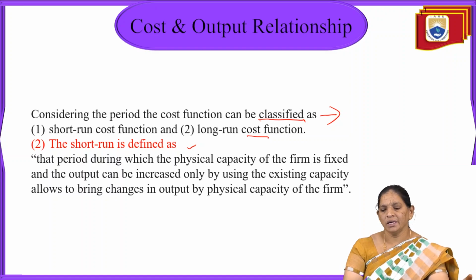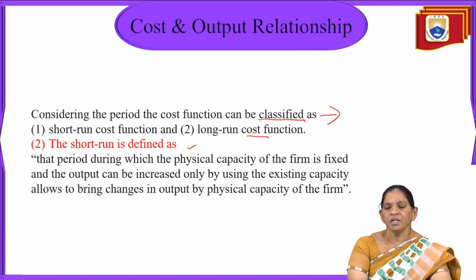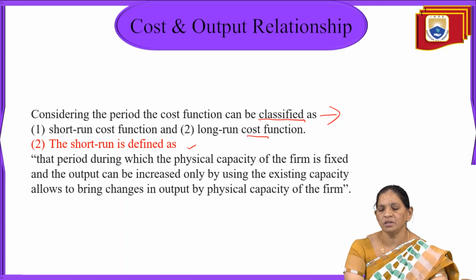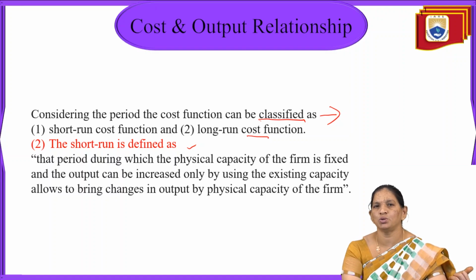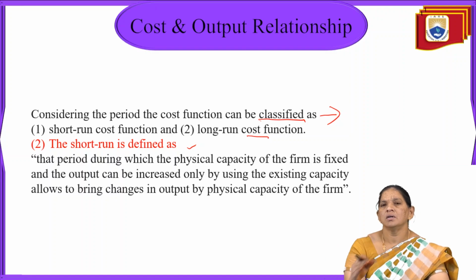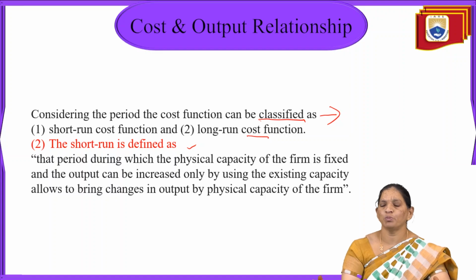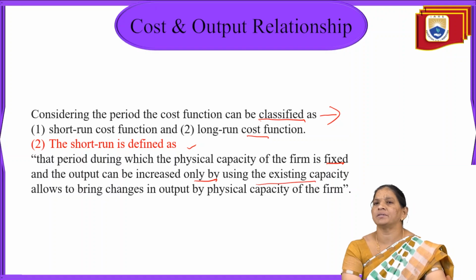We can give a definition: the short run cost function is the period, say 6 months or 1 year, during which the physical capacity of the firm is fixed, where we cannot change it. The physical surroundings, the production pattern and the capacity of the plants are fixed, and output can be increased only by the existing capacity.